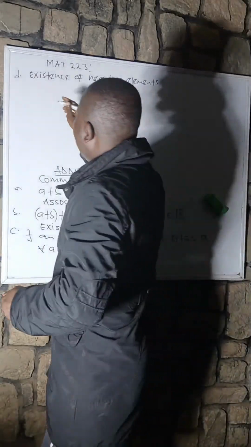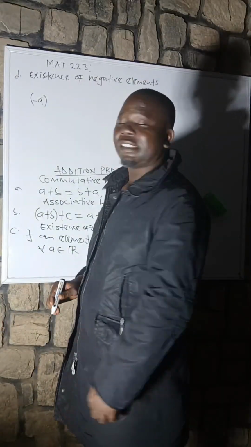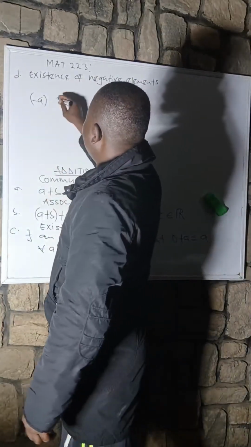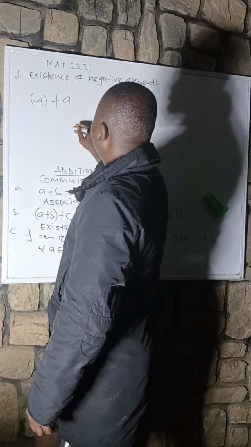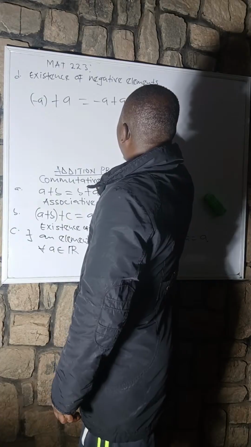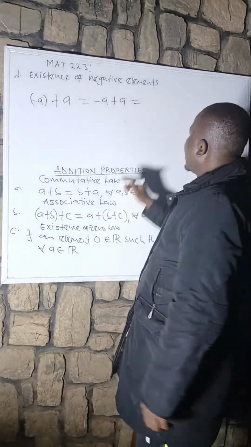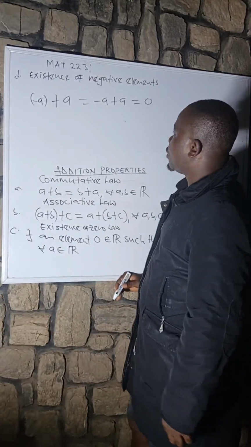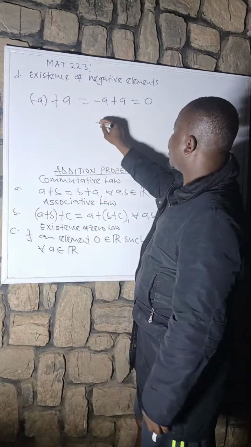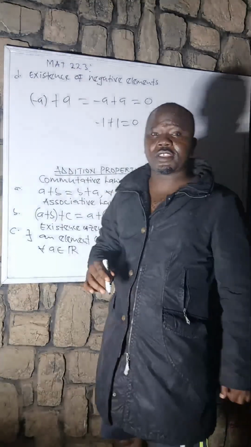Let's look at it this way. If we have minus A, then this minus A will now be added to plus A. What do you think will happen? It's going to be 0, because it's just like minus 1 plus 1 equals 0.